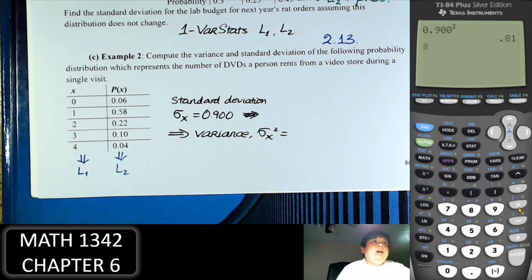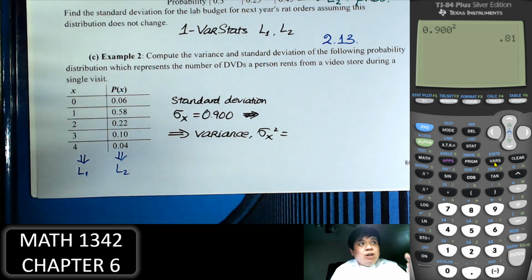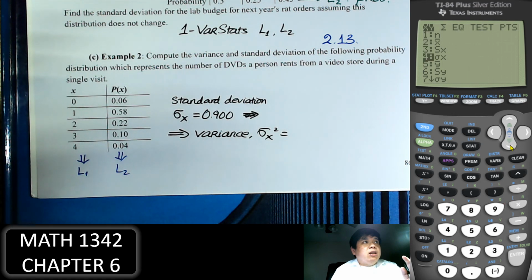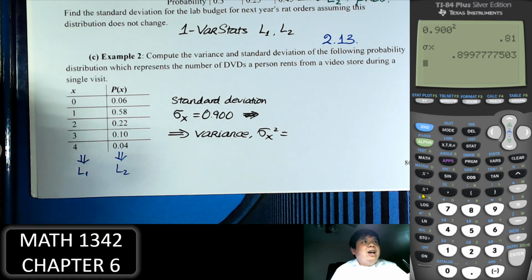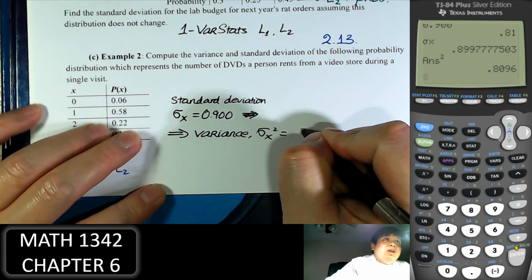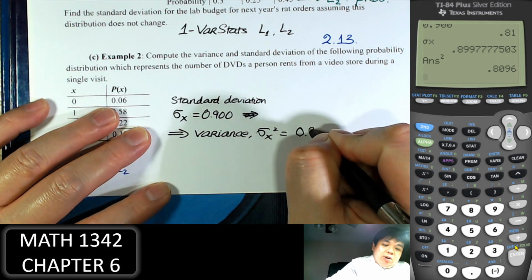That is 0.81. But if we want the exact value, you can go to the variable, the statistics variable, and we want the standard deviation, this one, right? And then we square that, and so the variance is 0.8096.